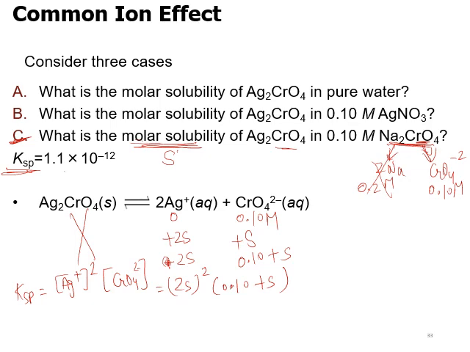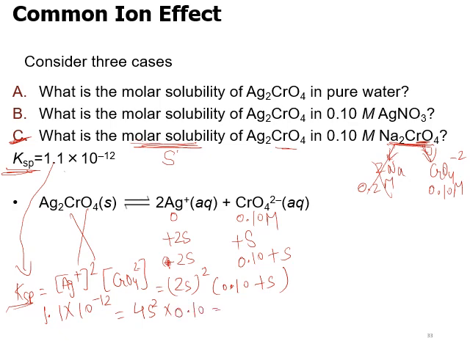Now again, I can plug in the value of Ksp here, and this comes down to a quadratic equation. So I can simplify this equation by assuming that Ksp, which is 1.1 times 10 raised to the power minus 12, equals (2s) squared, which is 4s squared, times 0.10, since 0.10 plus s is the same as 0.10.